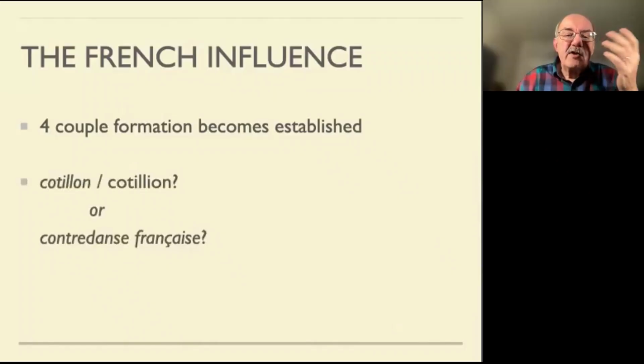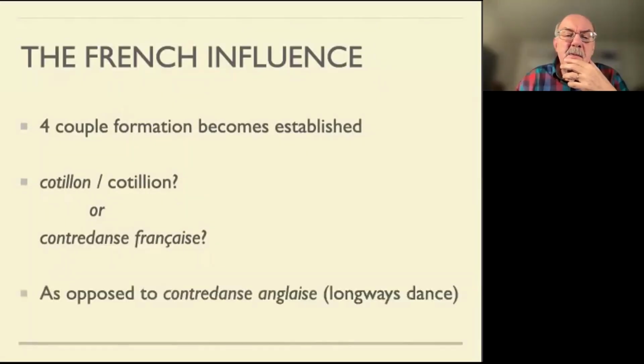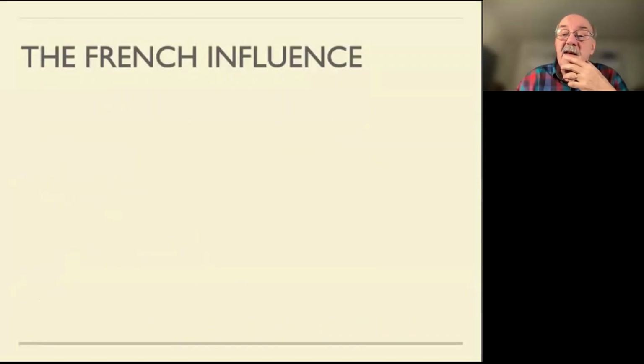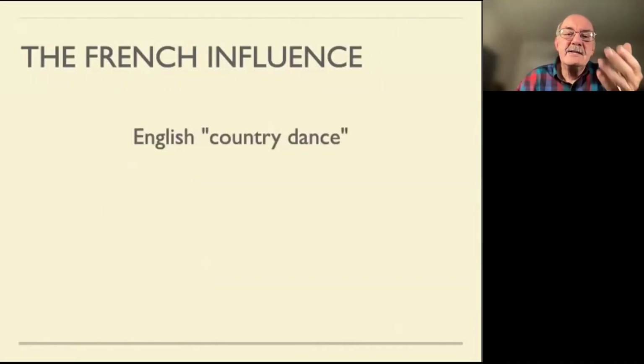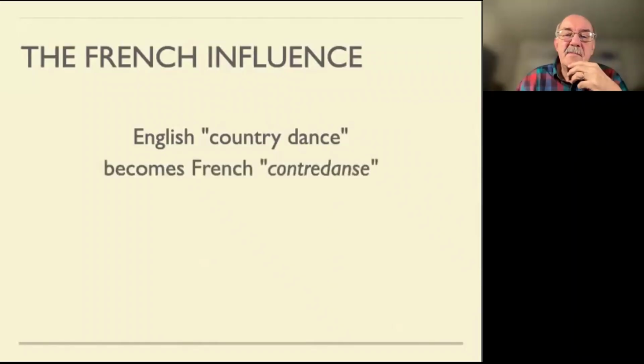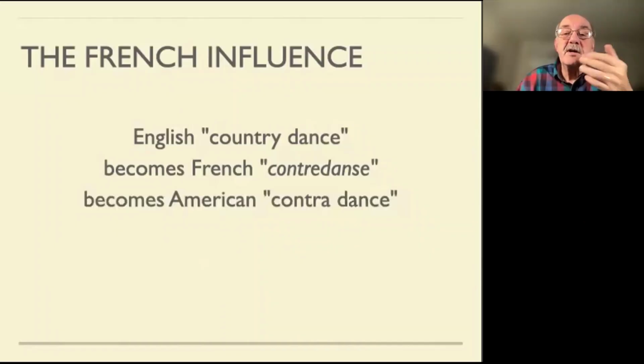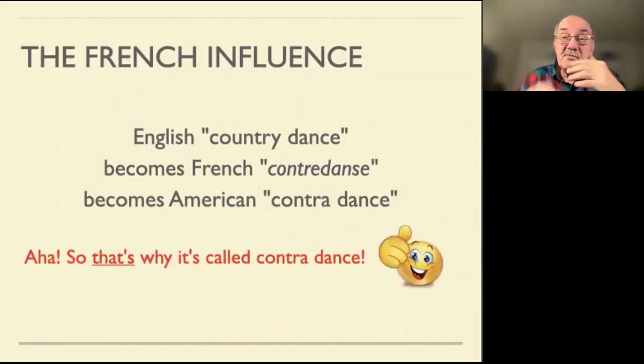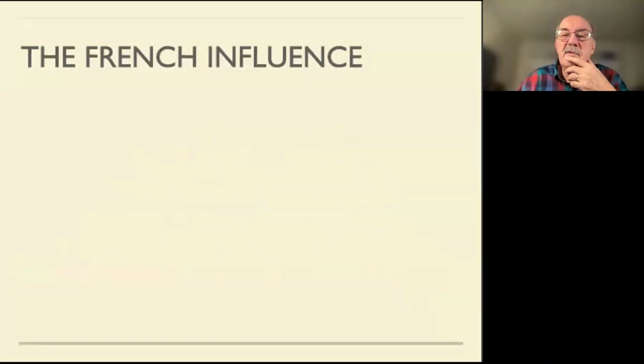So we have the cotillon becoming the cotillion or the contredanse française, as opposed to the contredanse anglaise, the long ways dance. And for those of you who are contra dancers who get asked by your friends, where does it come from? Well, English country dance becomes French contredanse, which later becomes American contradance. And that's why it's called contradance. So you can tell people the next time you're asked.